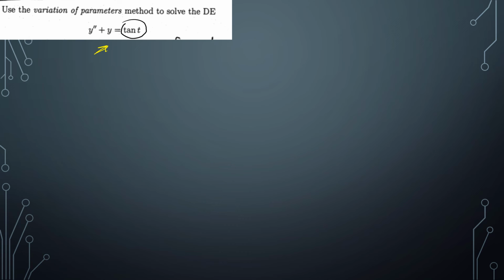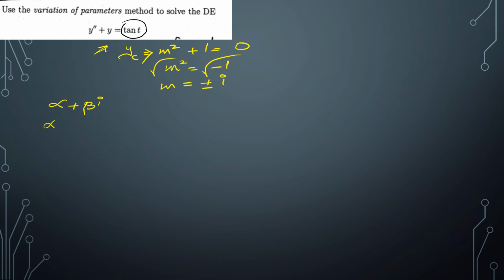So first of all, write down y_c, which is m squared plus 1 equals 0. So we will get m squared equals negative 1. Taking the square root on both sides, we will get plus or minus i. You can use the scientific calculator also. It means the roots are complex numbers.